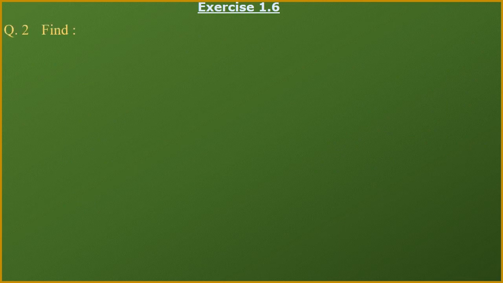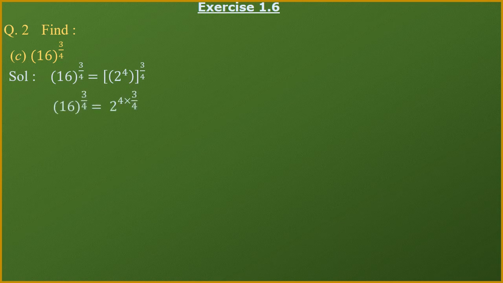Now similarly see question number 2. Two parts are remaining. So let us see question number 2, third part, 16 to the power 3 by 4. So 16, if I factorize, what will come? If you divide 16 first time by 2, it will come 8, again divide by 2, it will come 4, again if you divide, it will come 2, and last it will come 1.